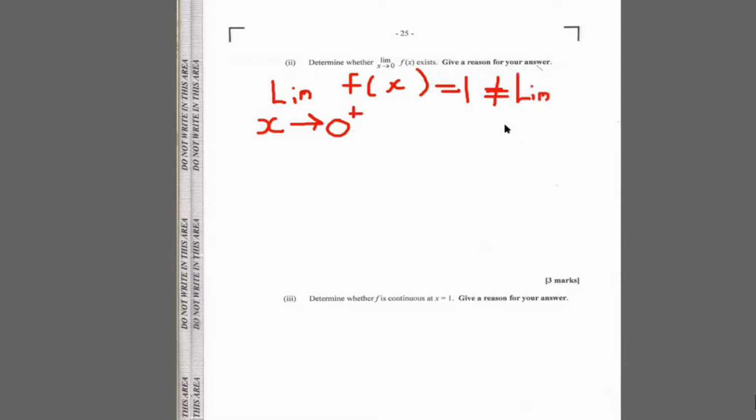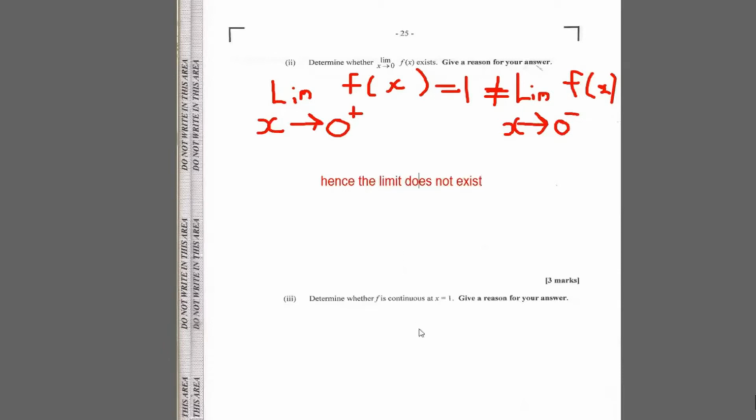Since the limits are not equal, then what do we know? We know then that the limit doesn't exist. Hence the limit does not exist.